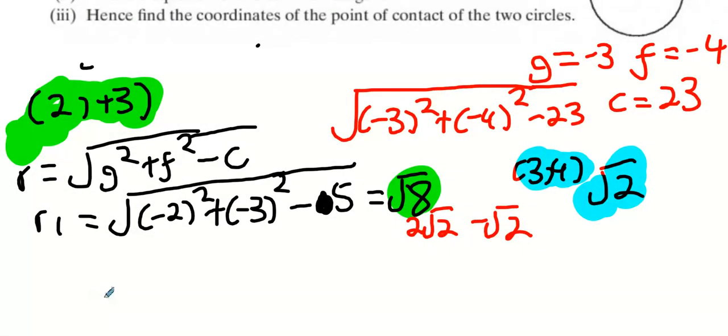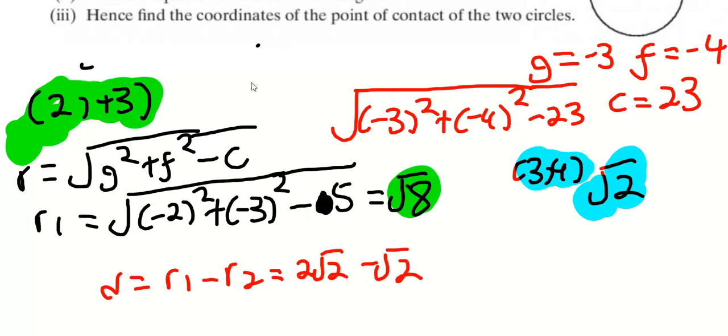So the d value, which is R1 take R2, which is 2 root 2 take root 2, what do we say the answer is? Root 2. Awesome. We okay with that? That is the answer. Now, I have to get the distance between both centers, don't I?